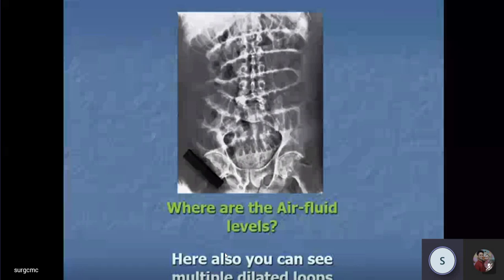Somebody has taken a film in a supine posture and there is no air fluid level but multiple dilated bowel loops. If you take a wrong X-ray, or if you are bound to take an X-ray in a different posture, what kind of diagnostic dilemmas come? Just remember that supine X-rays also come in emergencies. It is not for your exam, just to show you the difference between the two.